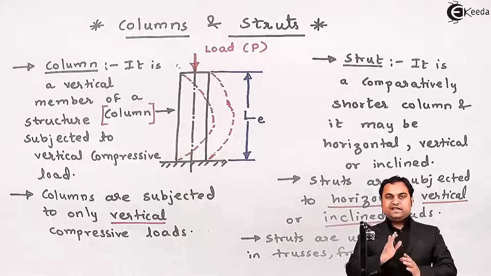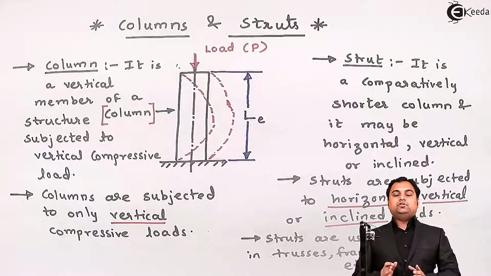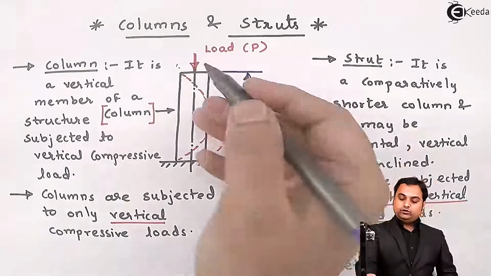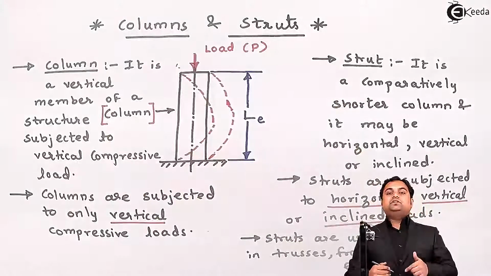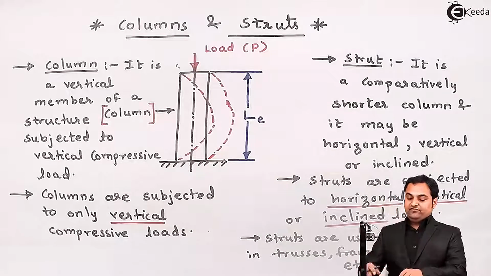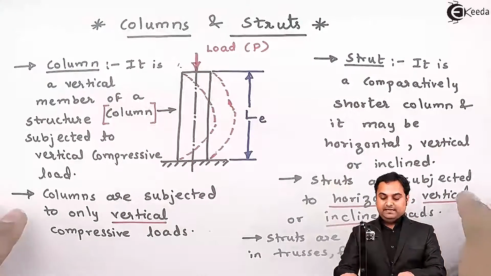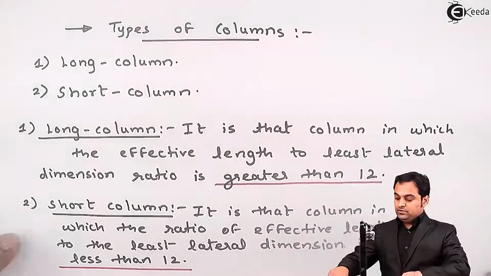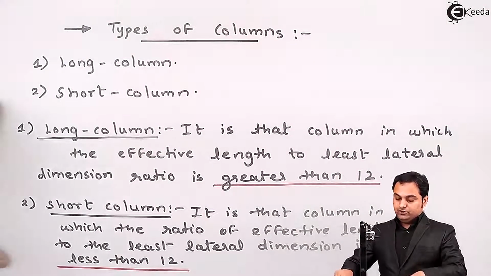Now from this direction I can see only the length of the column. If I want to see the other dimensions, then I have to look at the column from the top, and that will decide what shape of the column is there. So if I look from the top, here I'll draw the diagram of two shapes, that is two cross sections for the column.